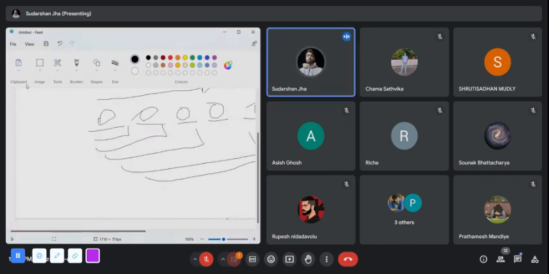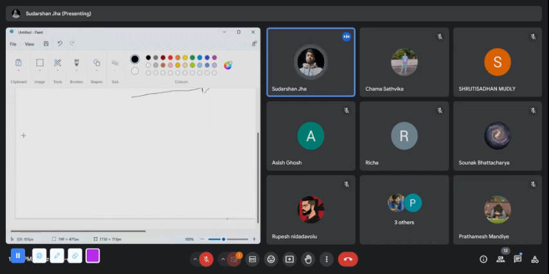So I guess I have to explain it again. Suppose you have an array of odd number of elements. Screen is visible, right? Yeah, it is.